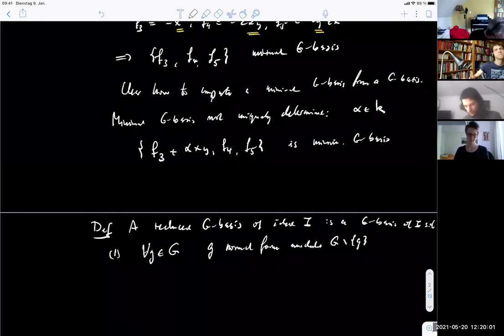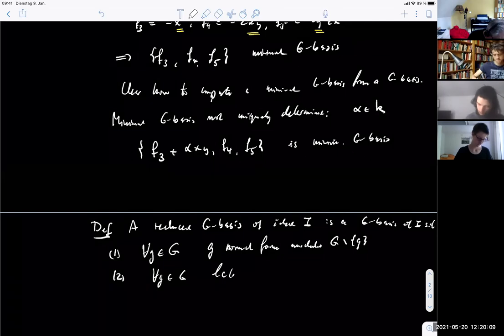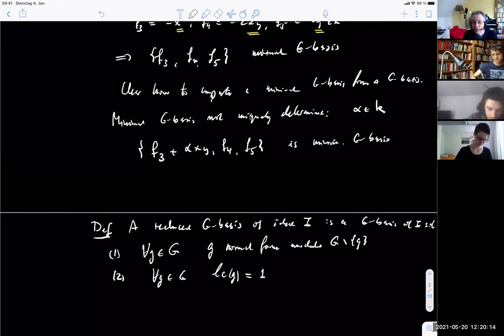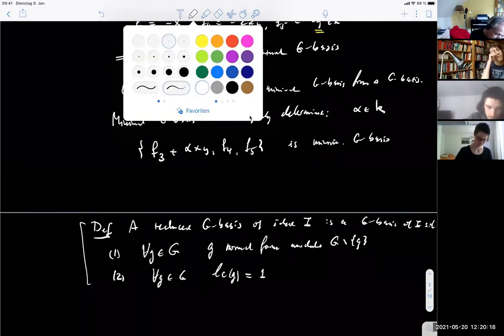And the second condition is quite boring. I just require that the leading coefficients of all elements of G is 1. This is just normalization. So this is the definition of a reduced Gröbner basis.